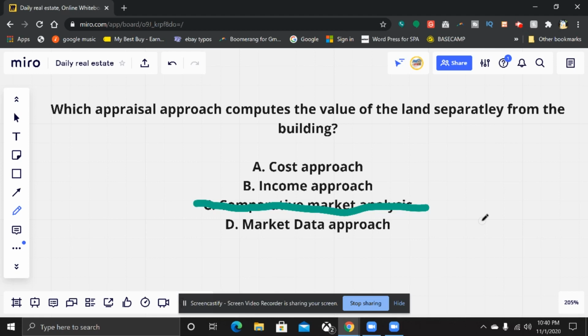So what I'm going to tell you is this. First, let's start bottom up. Market data approach. That's used for residential properties. That's where you take the subject property. Subject is what we don't know the price of, and we compare that to sold comparables in the area. Now, there's criteria that they have to meet. They have to be sold, so we have to know the sale price of it, right?